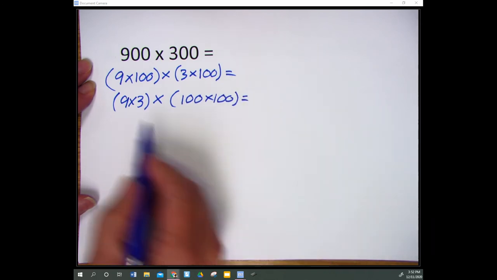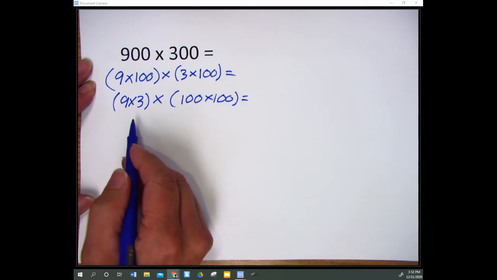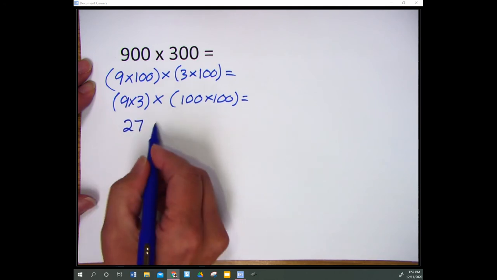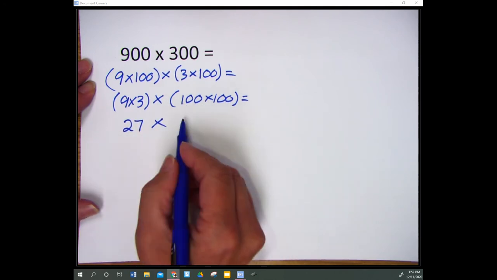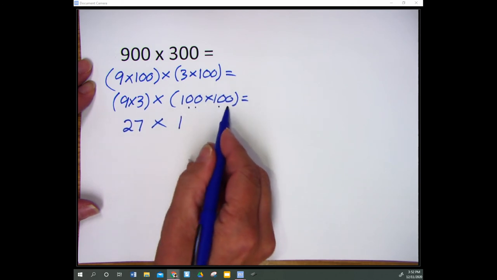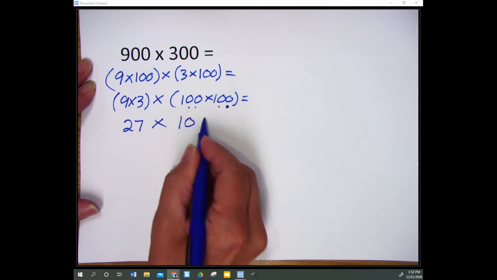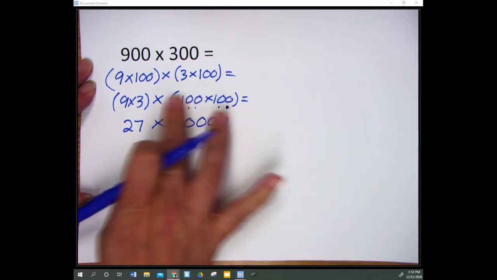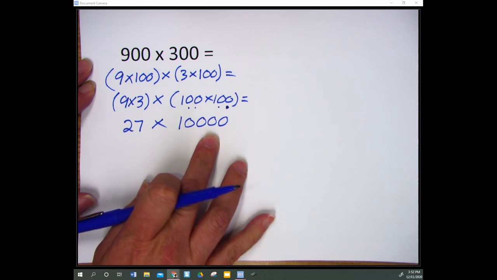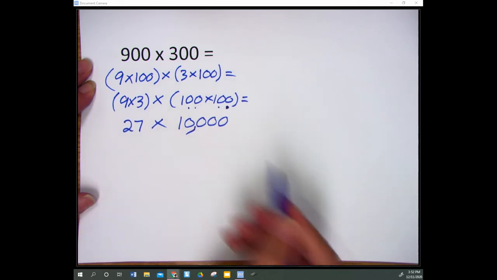Okay, let's see. 9 times 3, that's a lovely multiplication fact. That would be 27 times, let's see, 100 times 100. Now, 1 times 1, that's 1. There are 1, 2, 3, 4 zeros in the factors. You see those 4 zeros in the factors? 100 times 100, that's 10,000 right there.